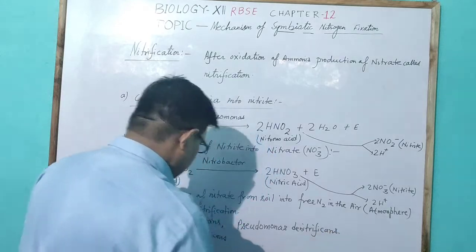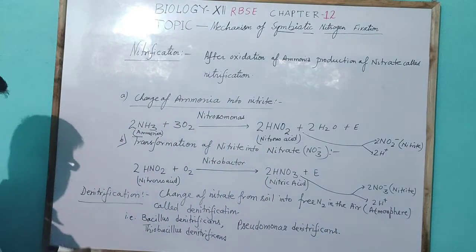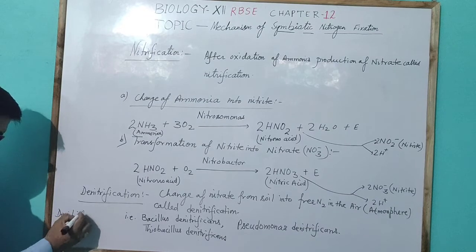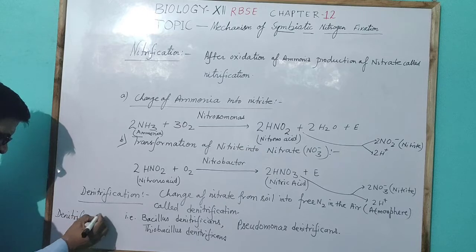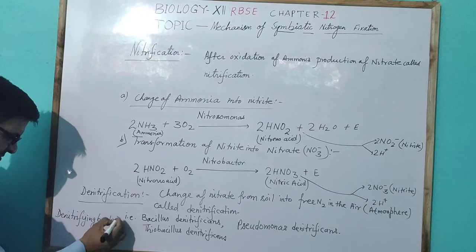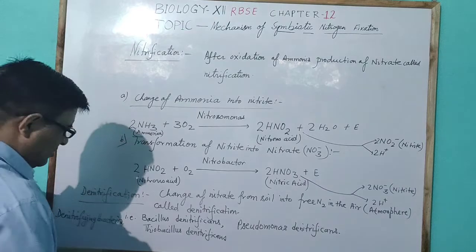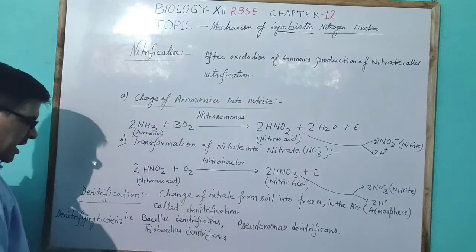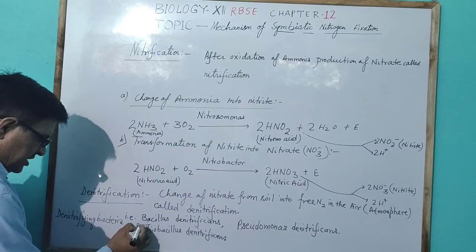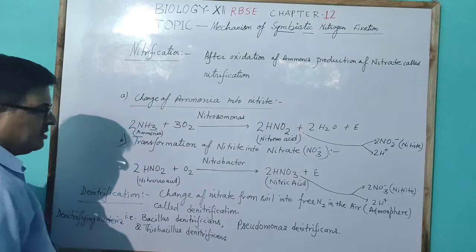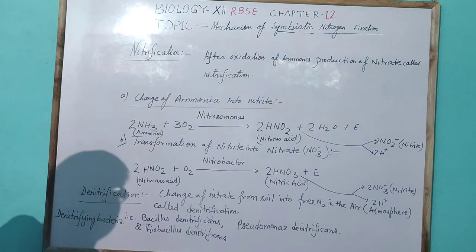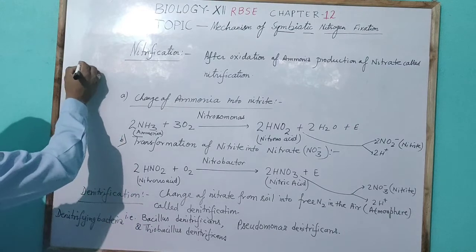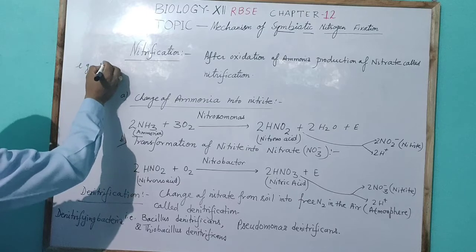These are good examples of denitrifying bacteria. Denitrifying bacteria are Bacillus denitrificans, Pseudomonas denitrificans and Thiobacillus denitrificans.